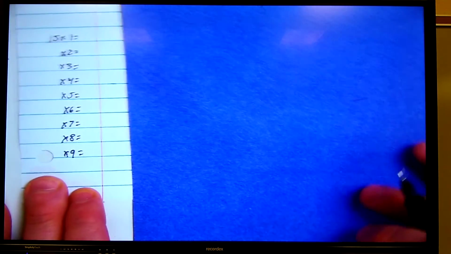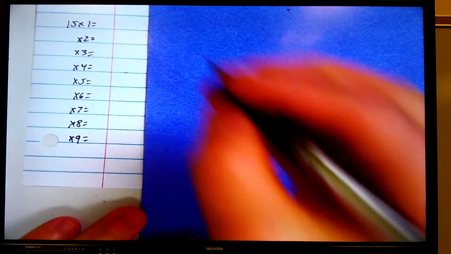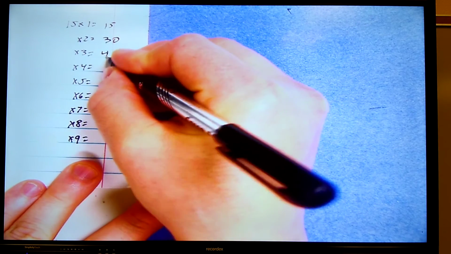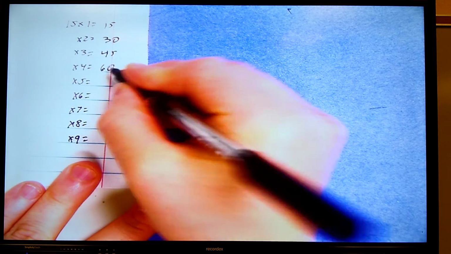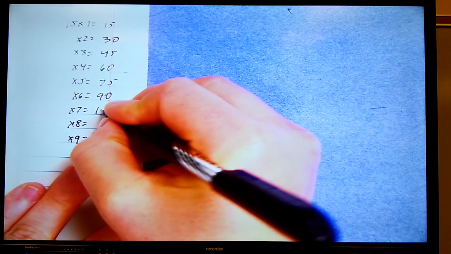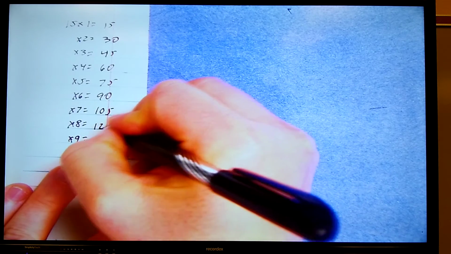Now I have to find all the facts of 15 now, because 15 is my divisor. Do that right now. Pause the video. All right. 15 times 1, 15. Times 2, 30. 3, 45. 4, 60. 5, 75. 6, 90. 7, 105. 8, 120. 9, 135.